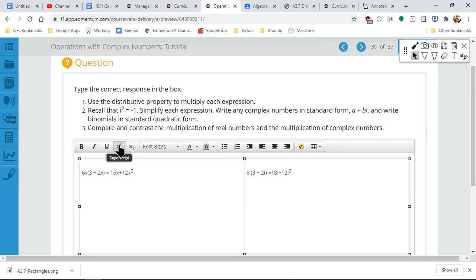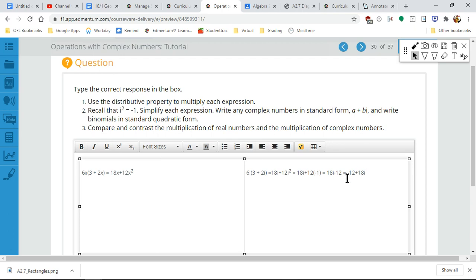So from here, get rid of my superscript. This is going to equal 18i plus 12 times -1, which is the same thing as 18i minus 12. And I know this is a little repetitive, but they do want you to have it in the correct form.